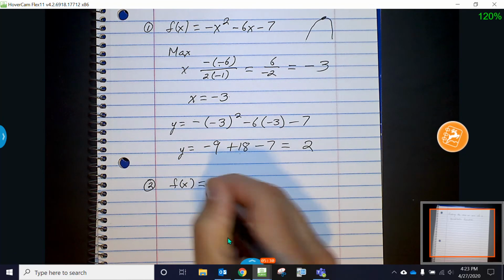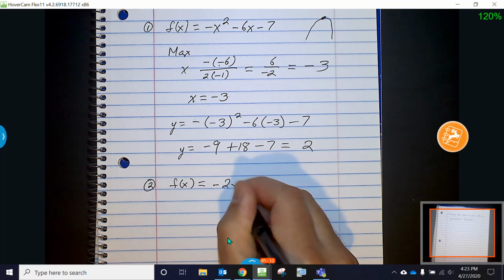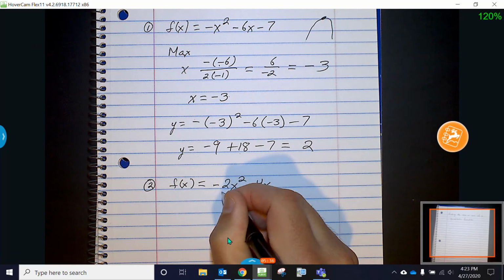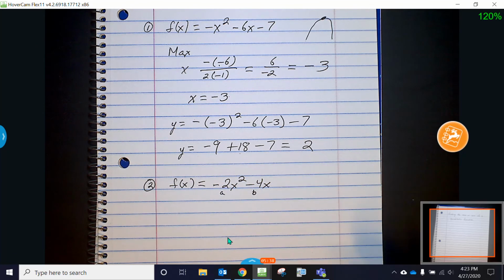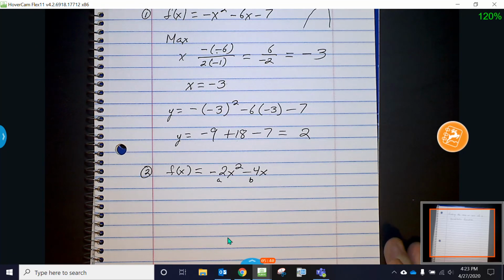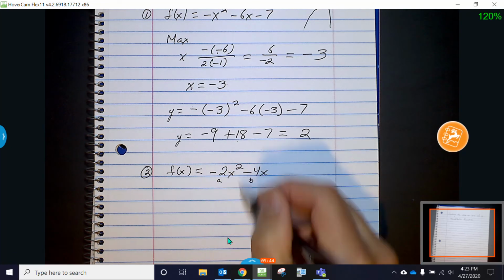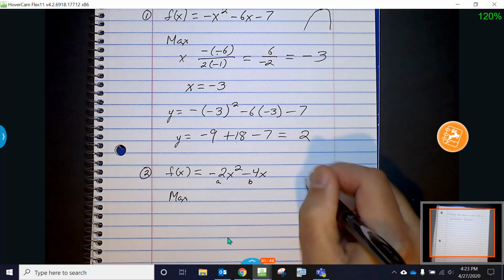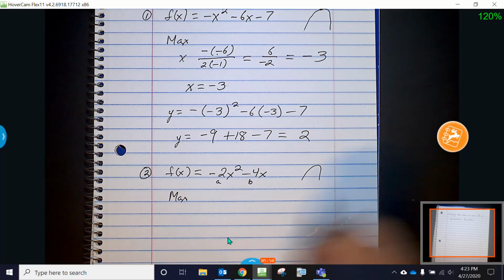f of x equals -2x squared minus 4x. There's only an a and a b here, but that's all we need anyway. This opens down again, so it's a max. Remember the picture, because a is -2, it opens down, we have a max.